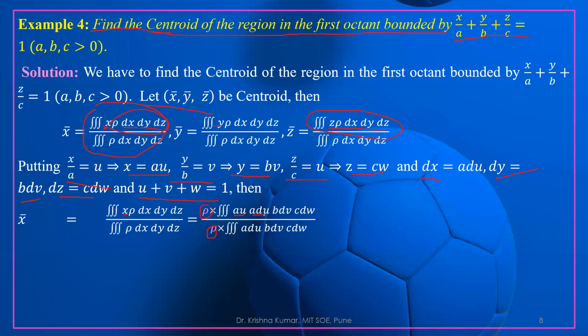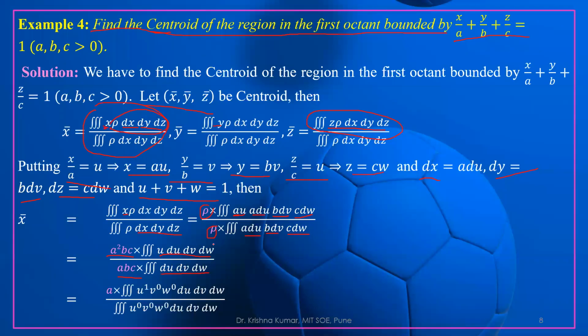We substitute dx is equal to a du, dy is equal to b dv, and dz is equal to c dw, and similarly in the denominator. So a du, b dv, and c dw. We can take a squared because this a and this a will become a squared bc, and abc in the denominator. So it is u du dv dw, and only du dv dw.